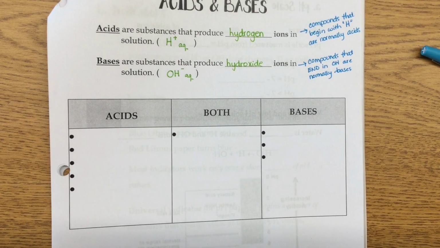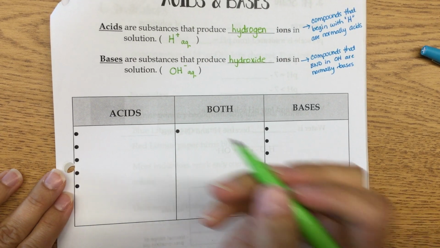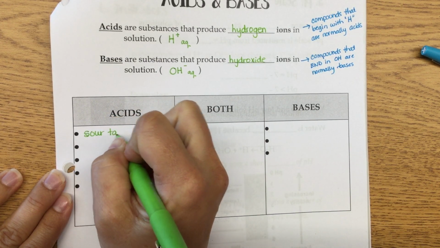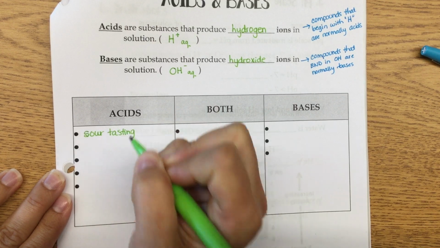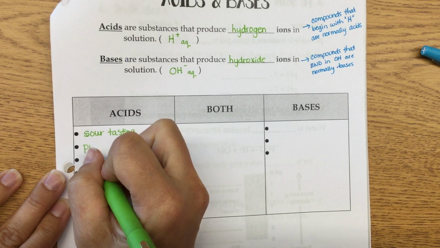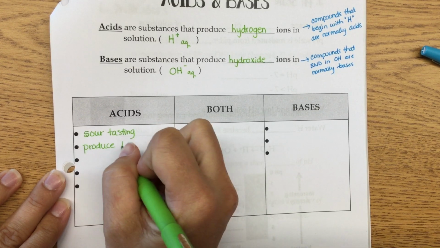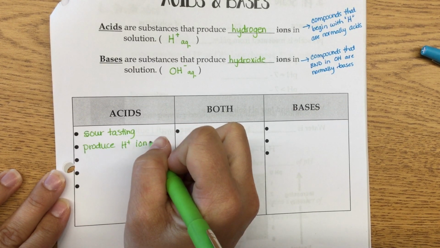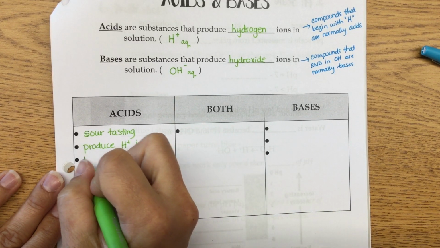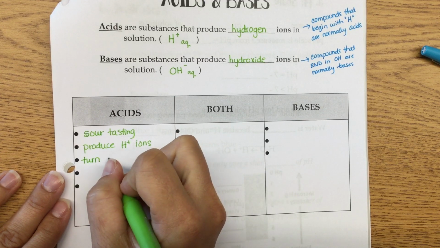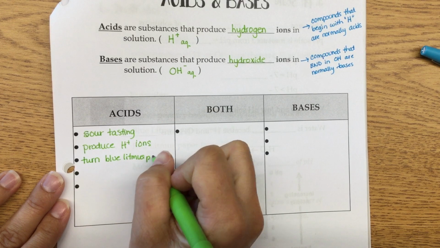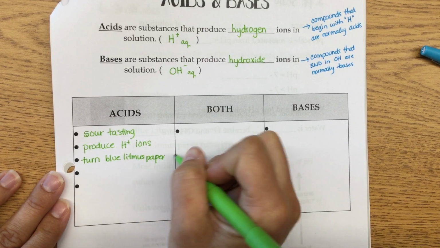Now, what are some characteristics of acids and bases? From that video, it talked about how acids are sour tasting, but don't go around drinking them all, that could be really dangerous. They produce hydrogen ions. They turn blue litmus paper red.